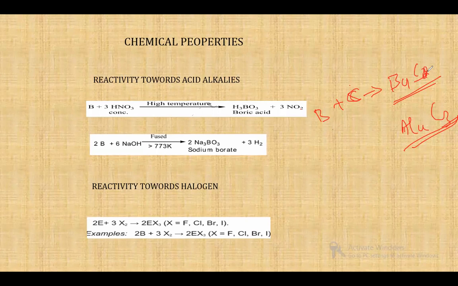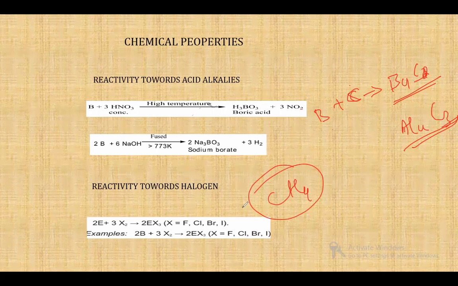Next, aluminium reacts with carbon forming aluminium carbide. This is ionic in nature and is hydrolyzed to give methane, CH4, which is one of the methods of preparation of methane.